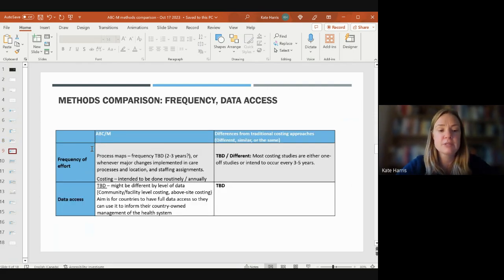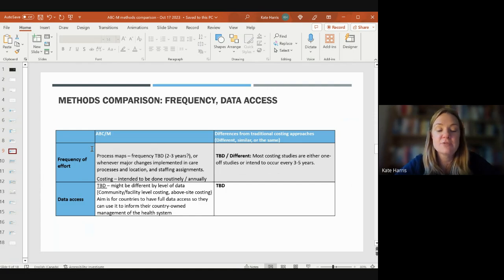In terms of frequency of the effort, the intention is for activity-based costing to be done in a routinized, institutionalized fashion. The intention is that those process maps following the patient and how they move through a healthcare facility would be done every 2 or 3 years, or whenever there are major changes to a care process or staffing assignments, for example, that would change that patient flow analysis significantly.